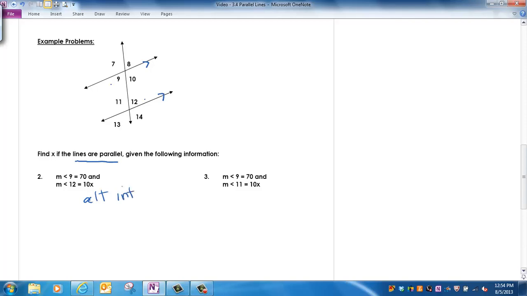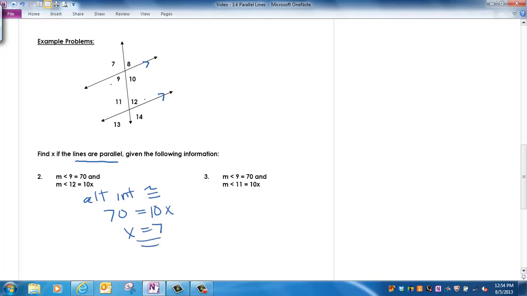And if we have alternate interior, our fact says that they are congruent. If they look the same, they are the same. So what should I do with these two? Good old Algebra 1, we will set them equal. 70 equals 10x, and a little bit of solving gives me x equals 7.